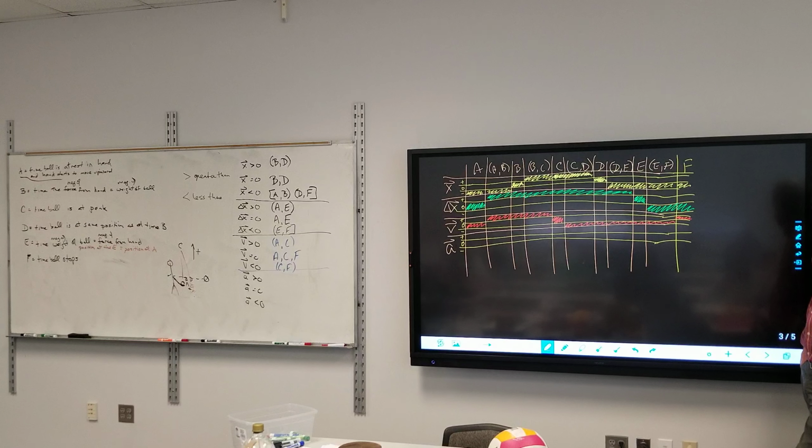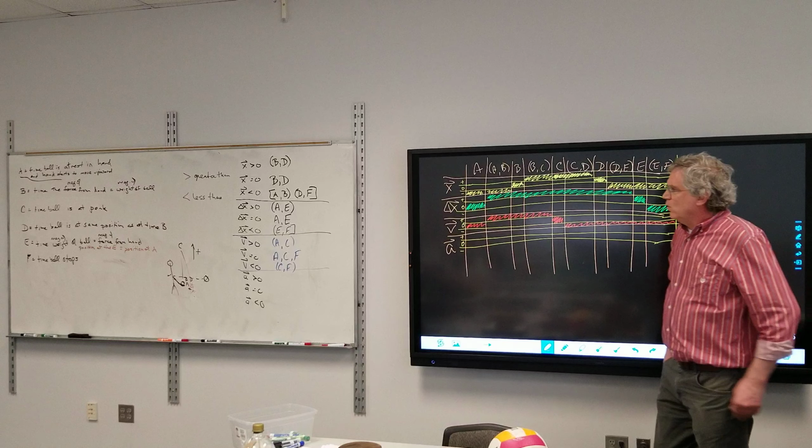And now acceleration. This is the tough one. So let's hit the obvious ones, or the easier ones. When is it speeding up?